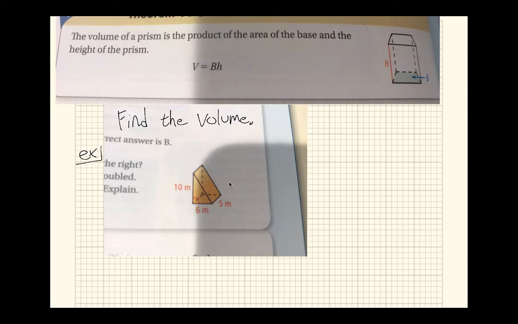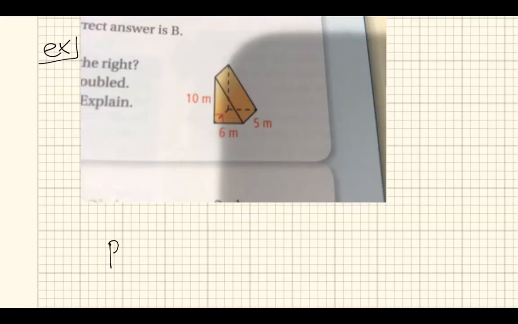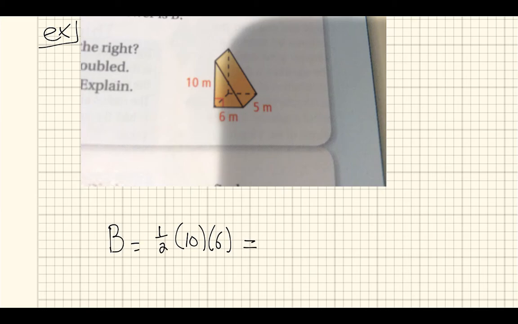We need to find the area of this base, and if this is a triangle, it's 1/2 the base of that triangle times the height of that triangle. So area of the base is 1/2 of 10 times 6, which is 5 times 6. That should be 30 for the area of this base, right?